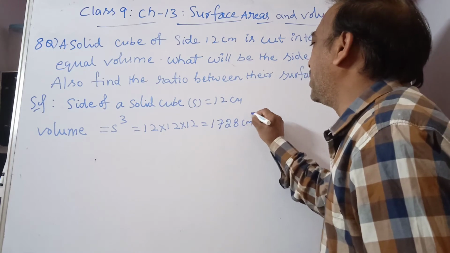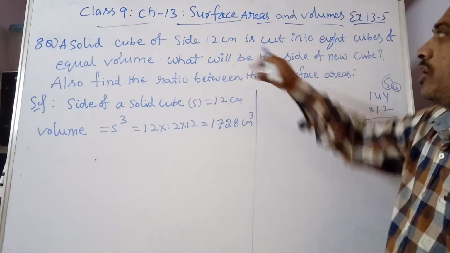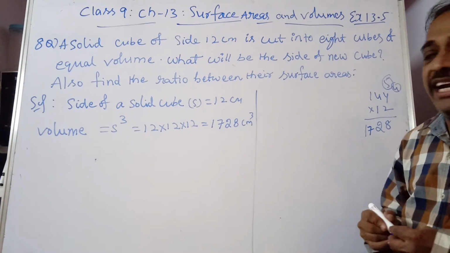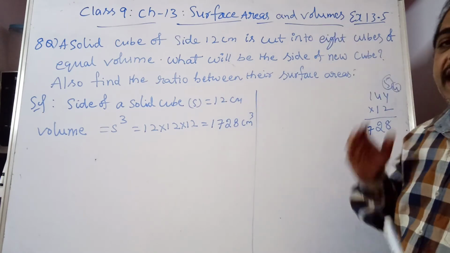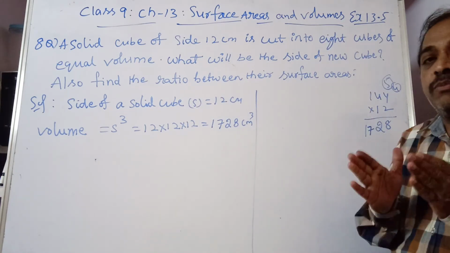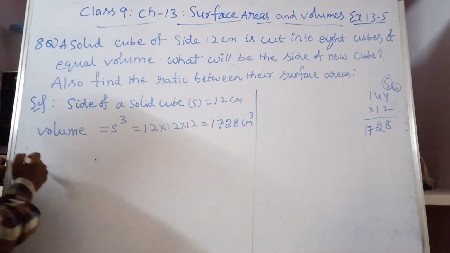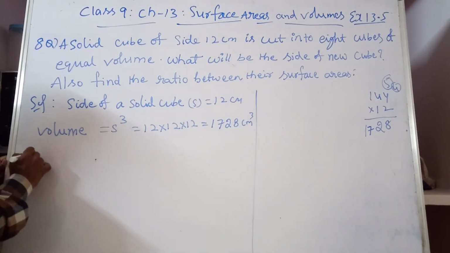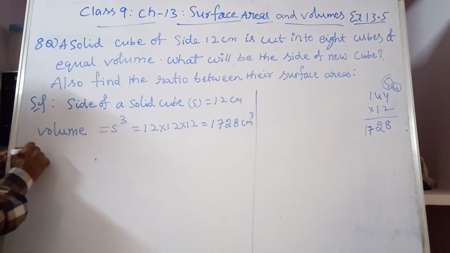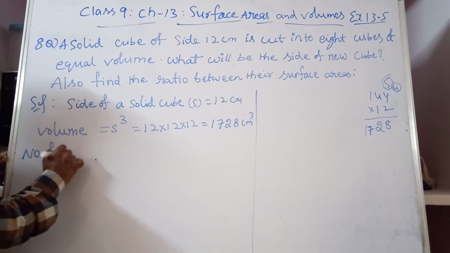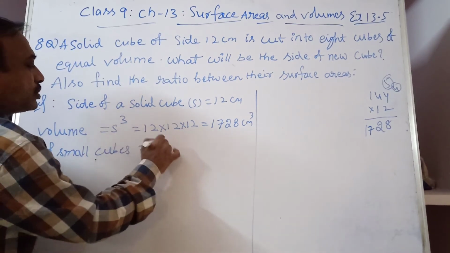1728 centimeter cube is the volume of the bigger solid cube. What did they do? This solid, they cut into 8 small cubes. The number of small cubes is equal to 8.